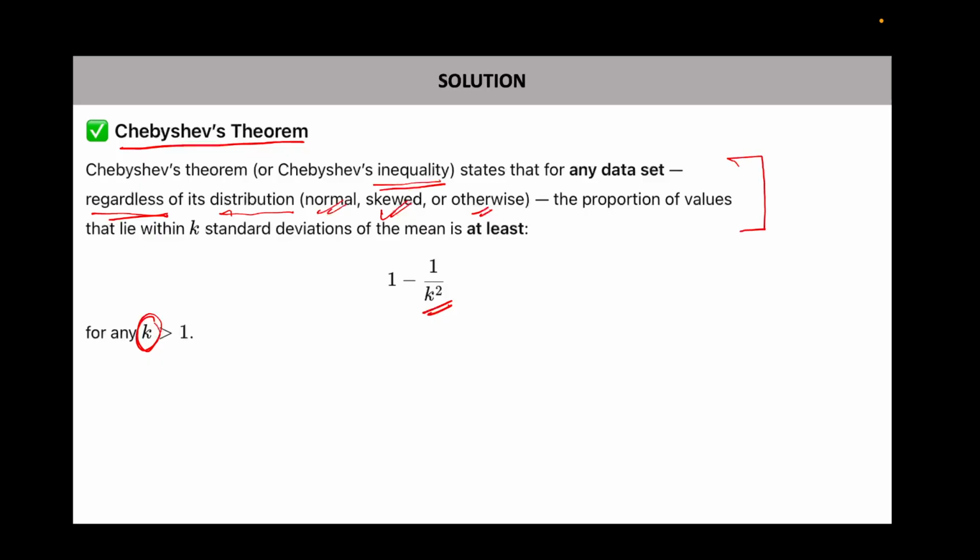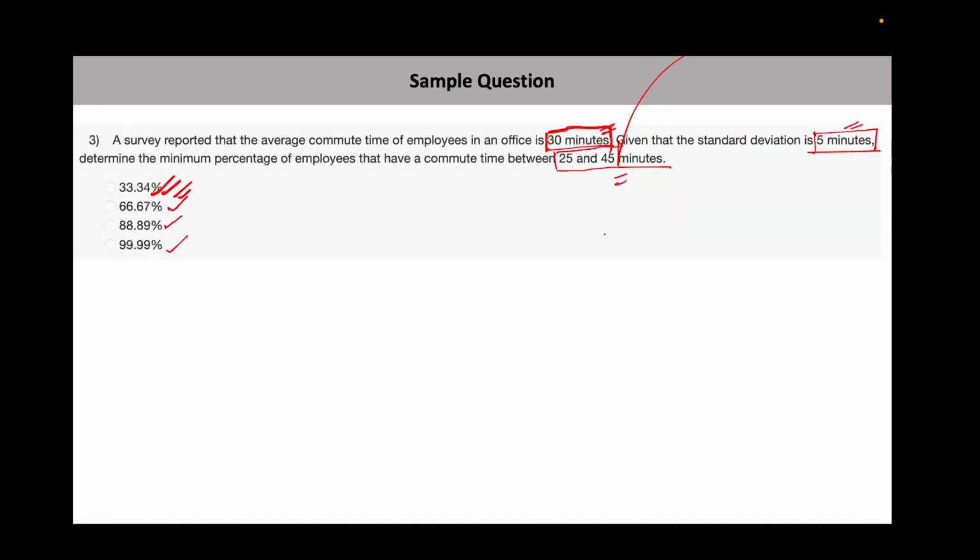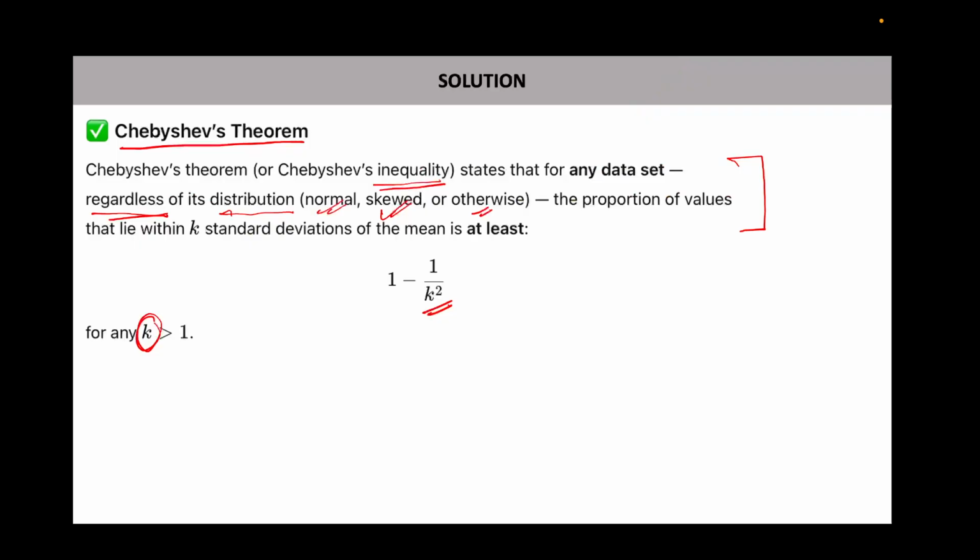Now let's try to decode what this sentence says. Let's take an example of our question. For the average value of 30 minutes, what percent of the entire data set's values will fall in the range from 25 to 45 minutes, with a standard deviation of 5 minutes? This theorem helps you understand what values will lie within k standard deviations.